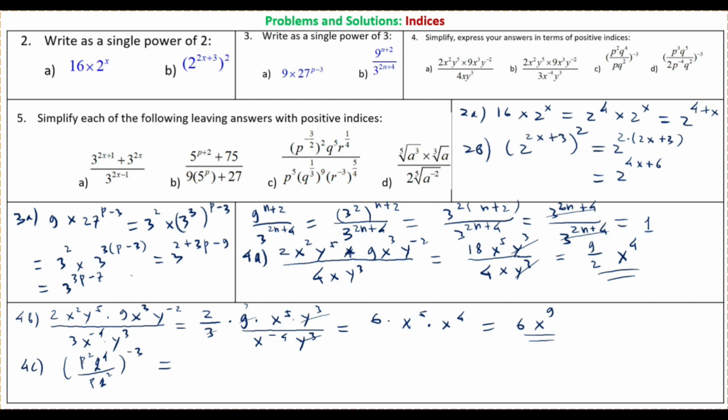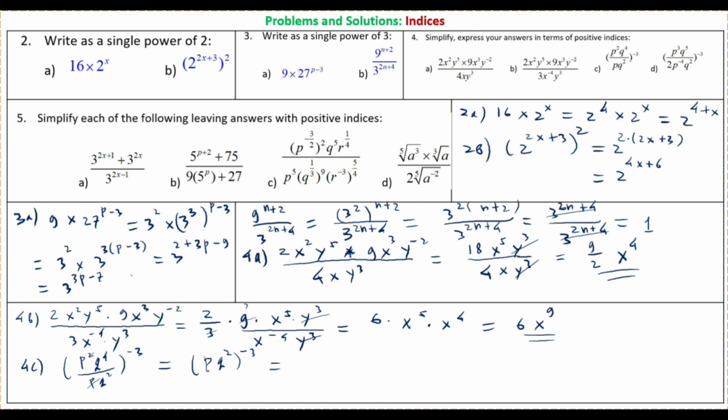So we've got p squared divided by p. So we can simplify that one. That becomes p, and then q to the power of 4 divided by q to the power of 2. So 4 minus 2 is 2, q to the power of 2, and to the power of minus 3.